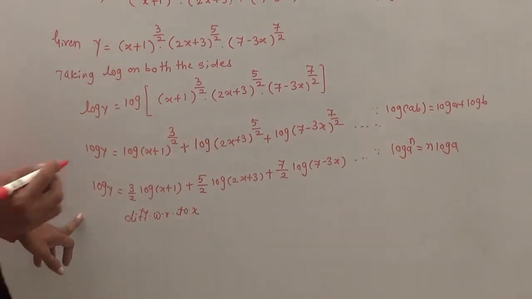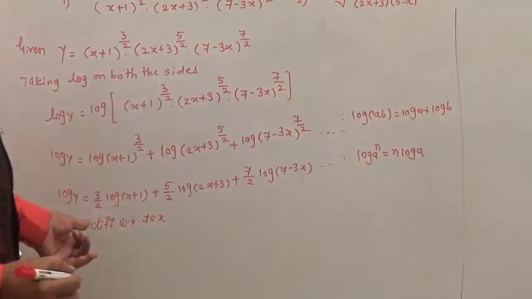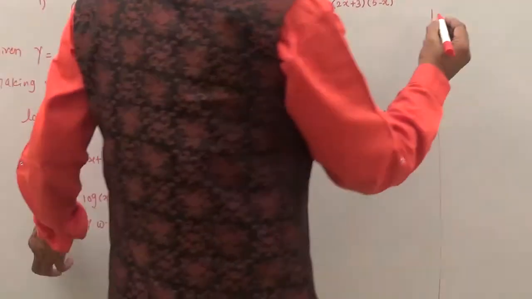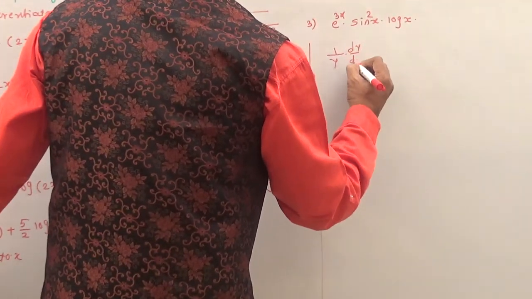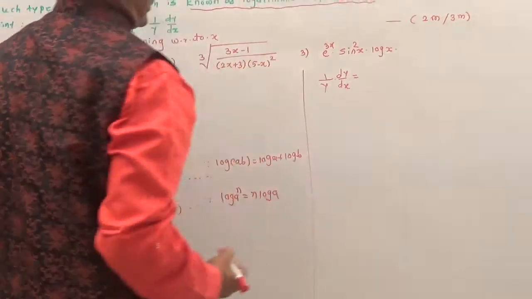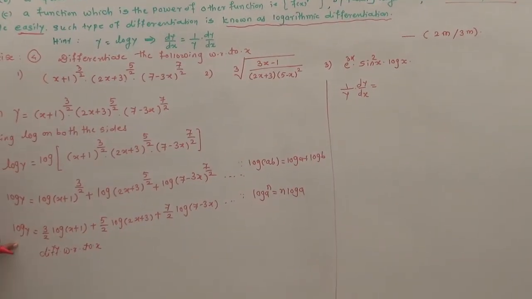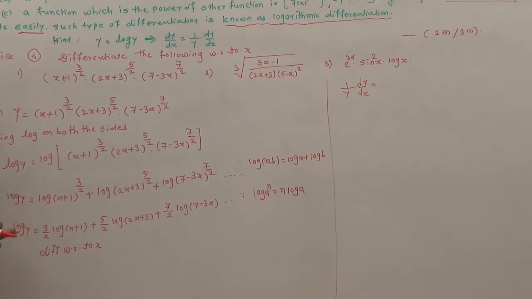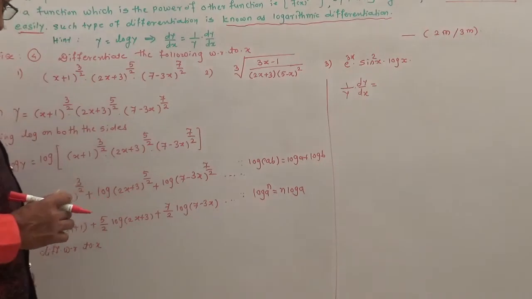Now the derivative of log y is 1 upon y into the derivative of y, which is dy by dx, by the chain rule.